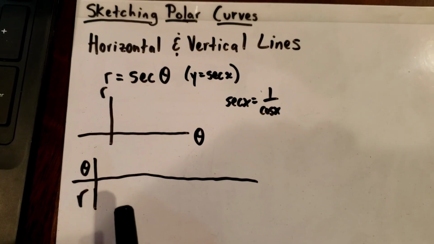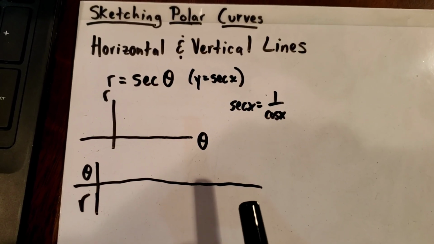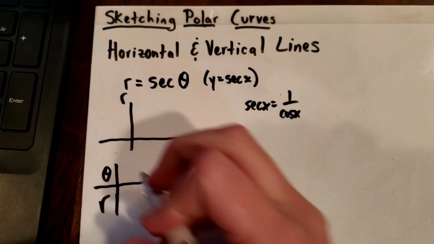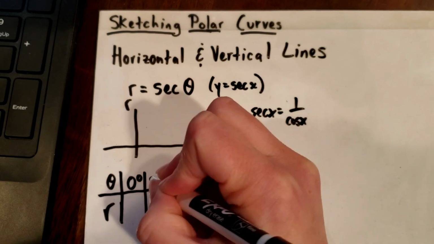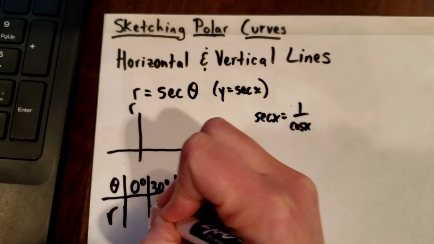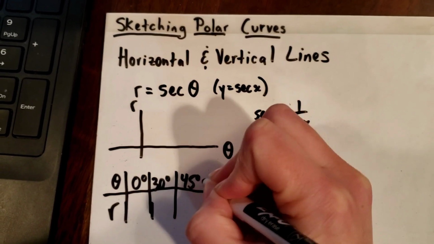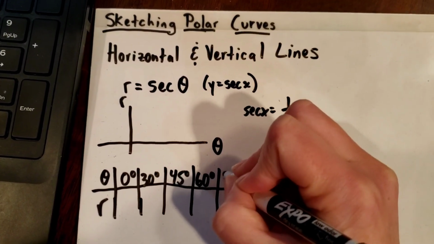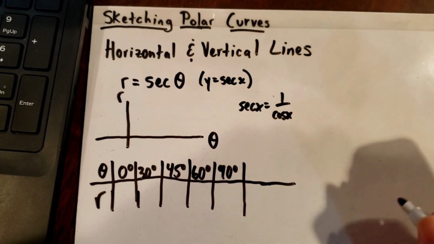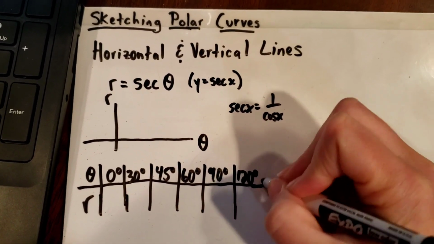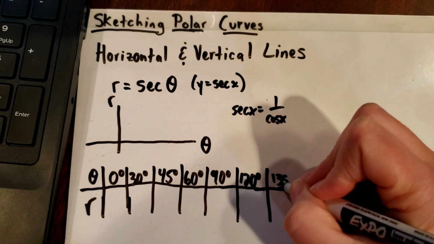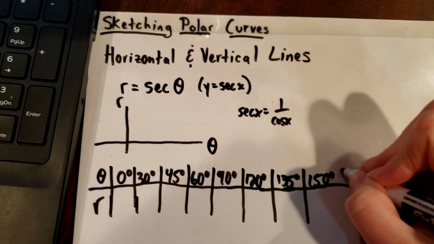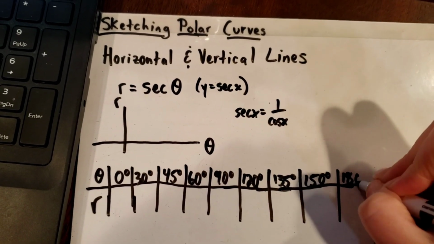Okay, I'm going to make a larger table than usual. Usually we just go up to 2 pi or go up to 360 degrees, but this time we're just going to do a little bit more. We'll do 0 degrees, 30 degrees, 45 degrees, 60 degrees, 90 degrees, 120 degrees, 135 degrees, 150 degrees, 180 degrees.